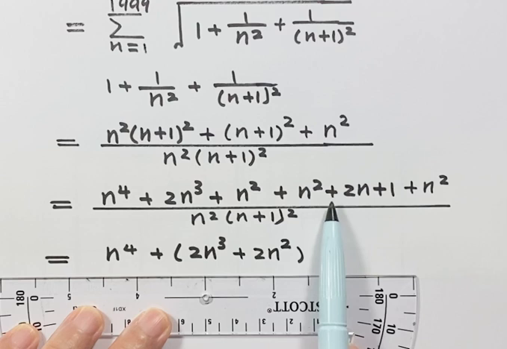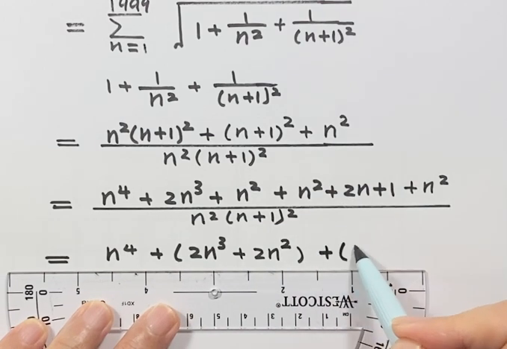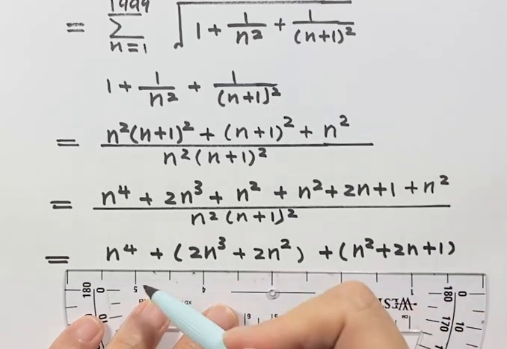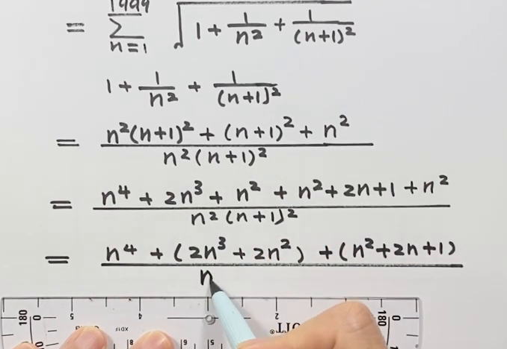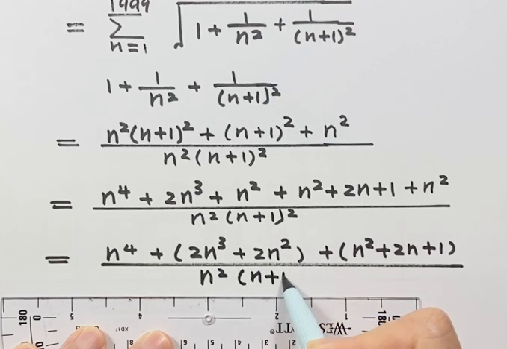Then combine the last three terms together. And here we have n squared plus 2n plus 1. At the bottom, we keep it the way it is because it's already a complete square.